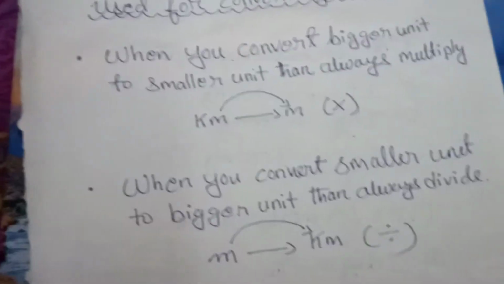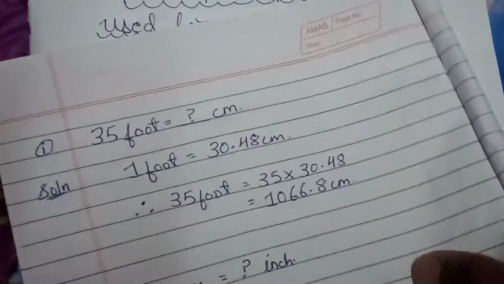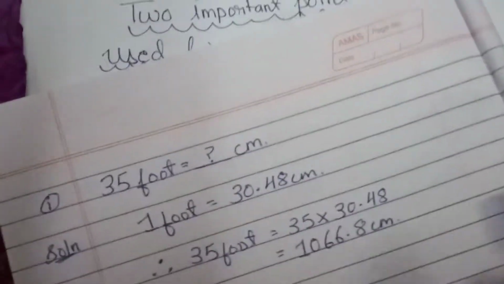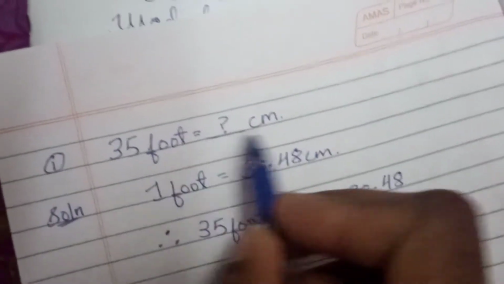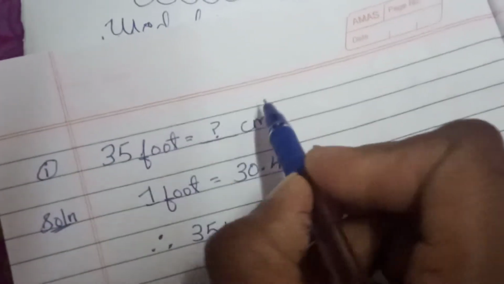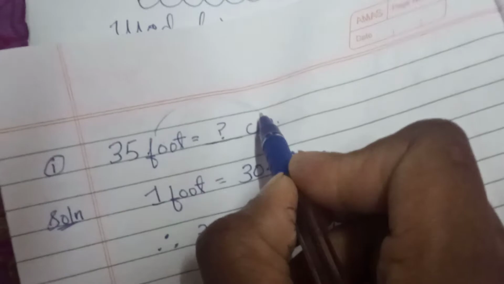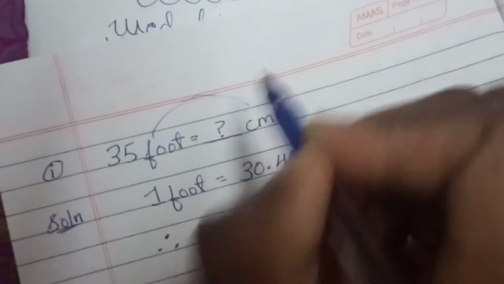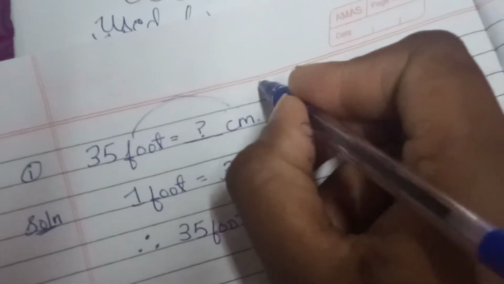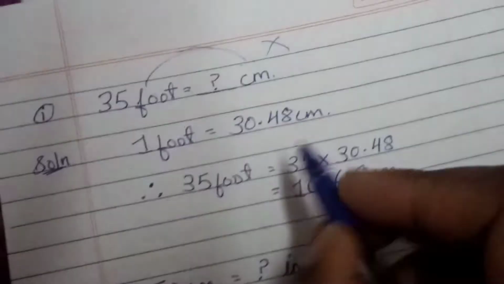Now let us see a few questions. See here, question number 1 is given. Convert 35 foot to centimeter. Here foot is bigger than centimeter, so we are going from bigger to smaller. So what we will do? We'll multiply. Bigger to smaller means multiply.